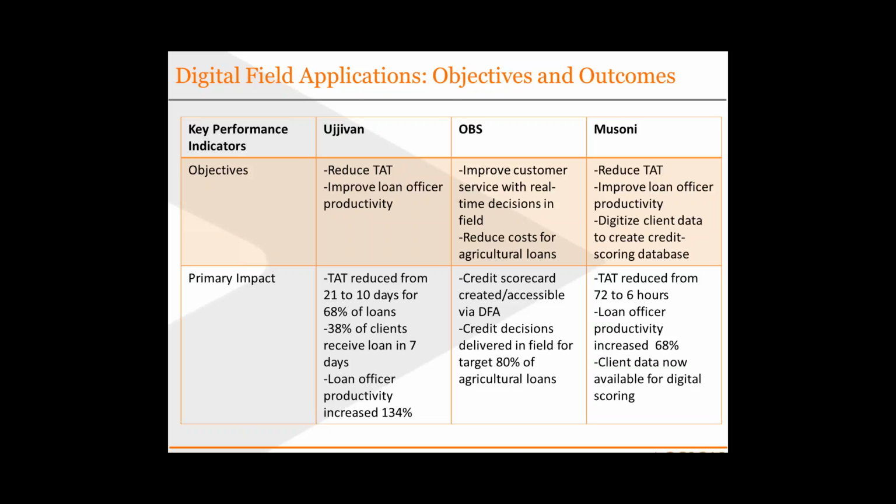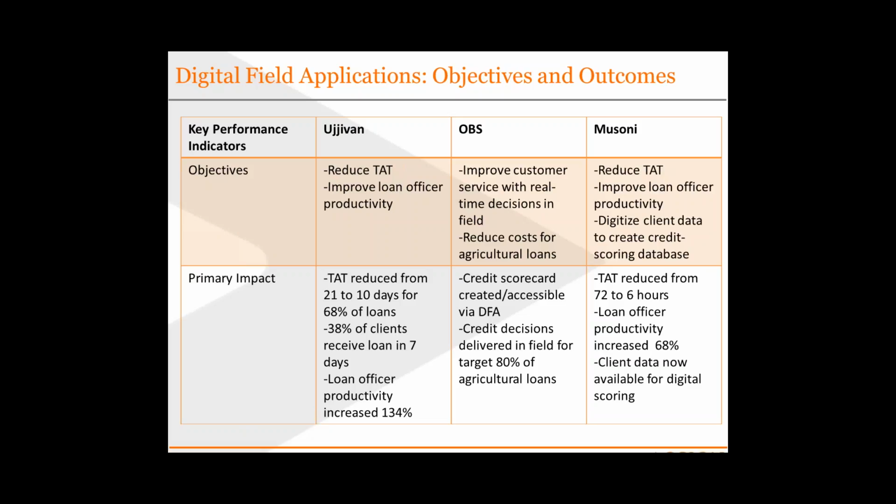And for Ujjivan, there was an additional incentive to adopt the DFA because they chose to focus on their SME clients, which they were targeting as individual clients that were new to the institution, unlike SME clients, the majority of whom had graduated from their group lending operations.